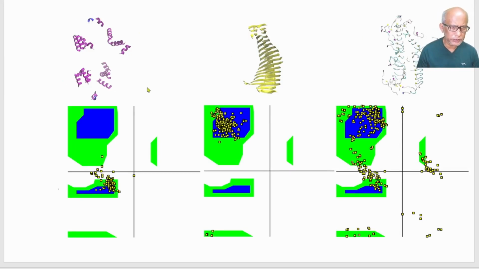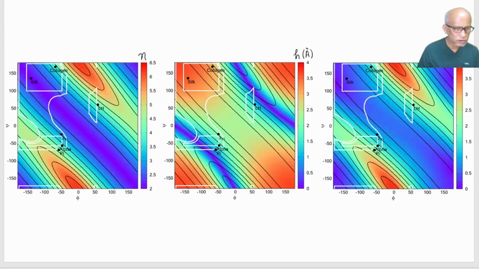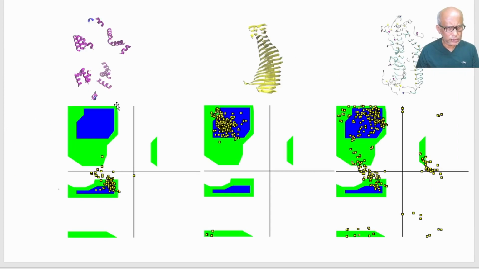And then for each of these residues in the helices and strands, I can calculate the phi and psi and plot them on the Ramachandran map. What I observe is that even though for the alpha helix, for example, I had said N is 3.6, H is 1.6 and all that, and in the Ramachandran map the alpha helix comes somewhere here, minus 57 on phi, plus 57 on psi, in the protein, what we observe is that for these alpha helices, it's not very constant.